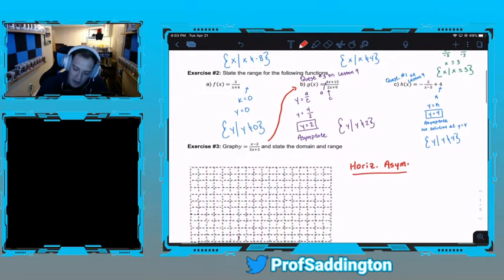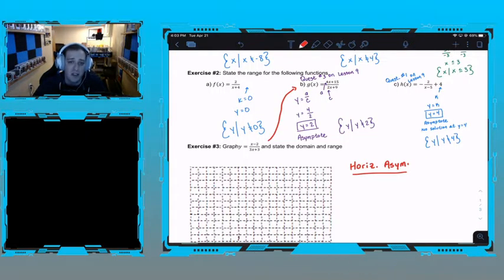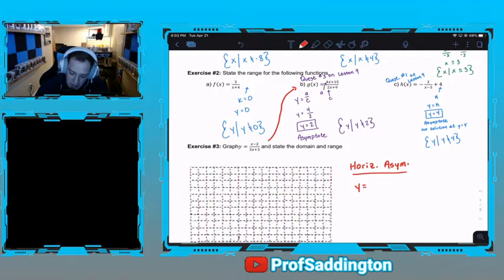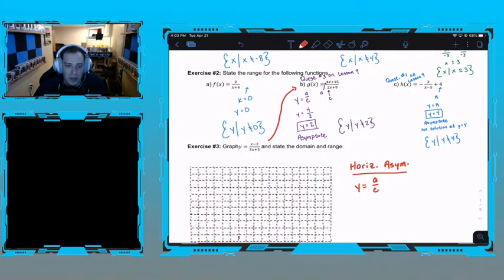To find the horizontal asymptote for this specific problem, because of the way it's set up, we're using y equals A over C. So in exercise number 3, we just need to find what the A value is and what the C value is.